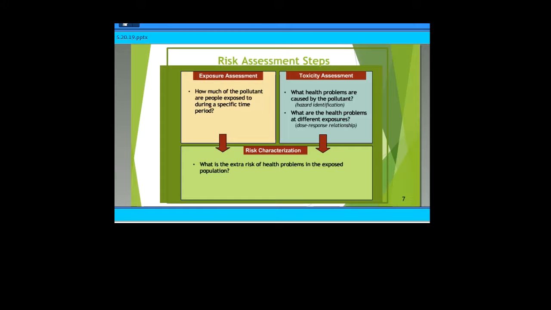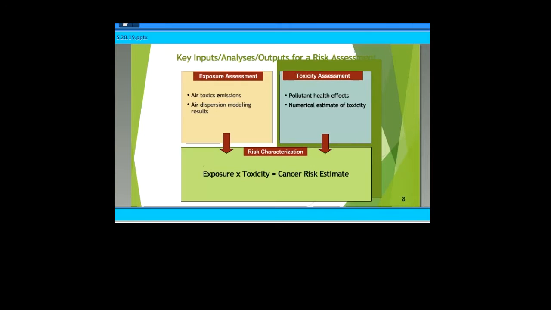We ask these questions. And then what we do is we do specific analyses and have some specific inputs and then outputs for the risk assessment. And so we'll go through all of these separately. But for example, for exposure assessment, we need to have a good understanding of emissions, and then we do air dispersion modeling to get the concentration that we care about, the concentration where people are breathing.